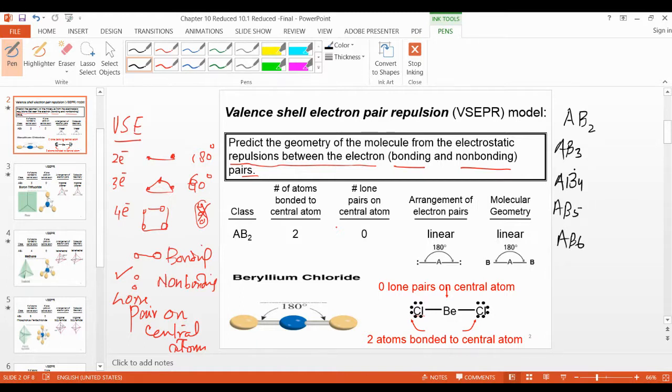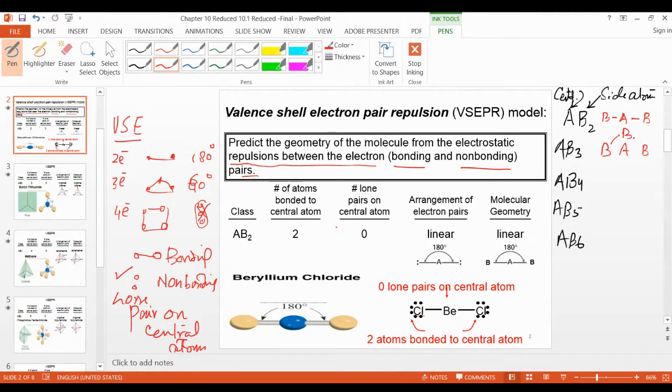A is the central atom, and B is the side atom. So we can write here A and B here and B here. So we can write like this, AB2 type. This is A, B and B.